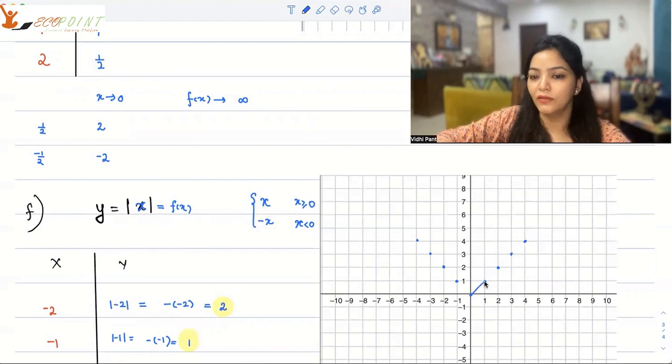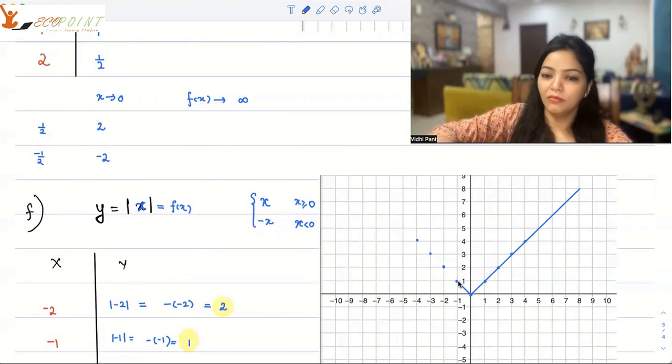So when you join these points, you'll get this shape, an x equals y sort of shape. But this time, for negative numbers also, you have a positive y of the same quantity. So that's how it will keep on moving.